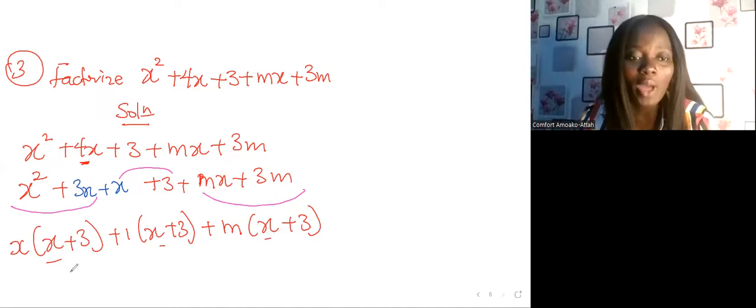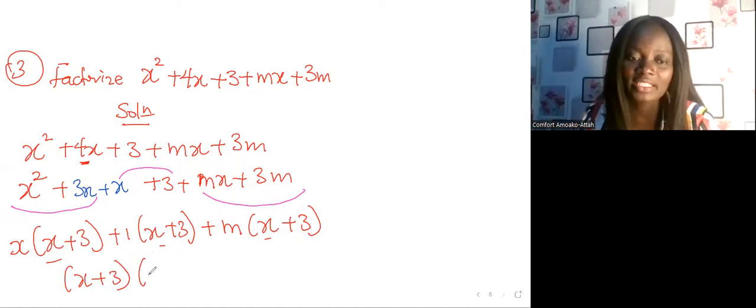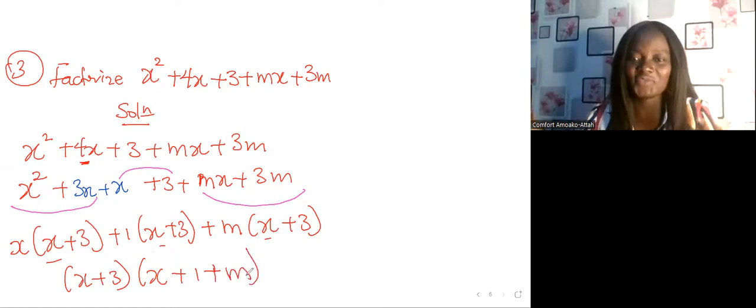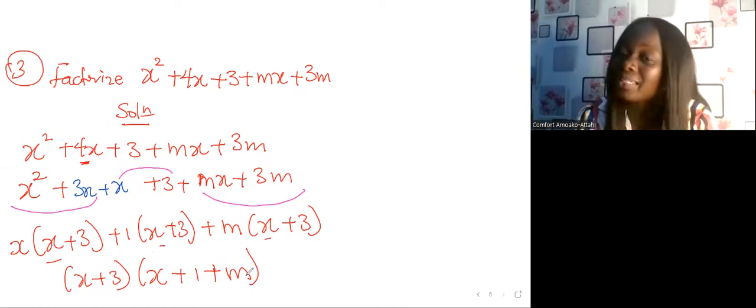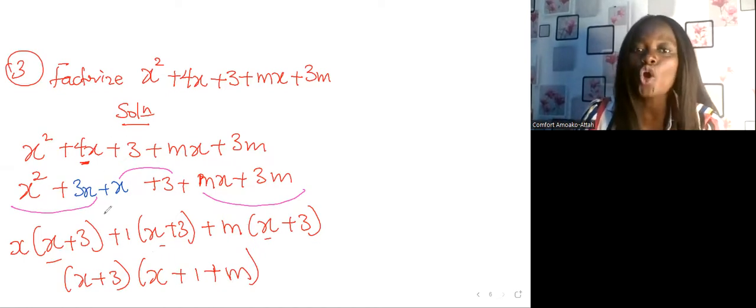Then you pick one of those inside the bracket, then you gather those outside the bracket. You have (x plus 1 plus m), and this gives you our final answer. And so we've been able to factorize this so easily.